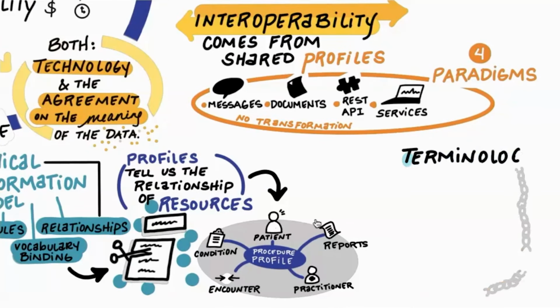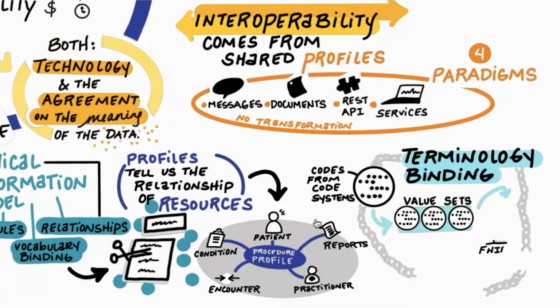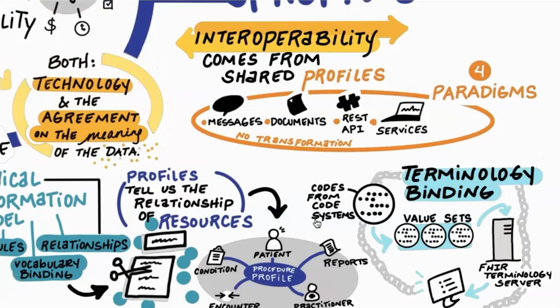Now, the other important thing that FHIR has brought that is a quantum leap from where we've been with data standards in the past is a terminology server. So it's a technical concept of having a server that contains all of the code sets and vocabulary sets that you might want to use in your FHIR profiles.